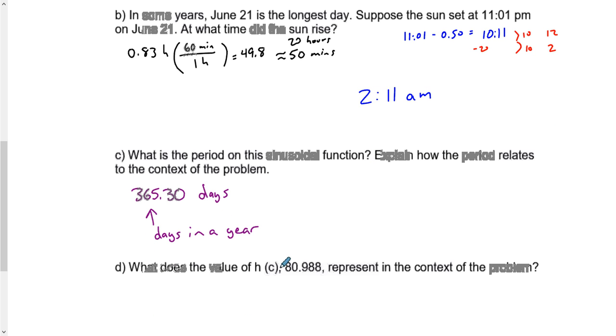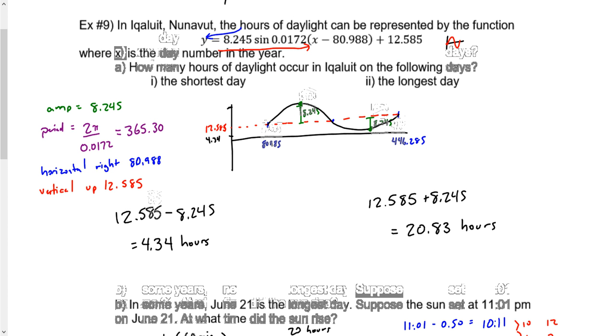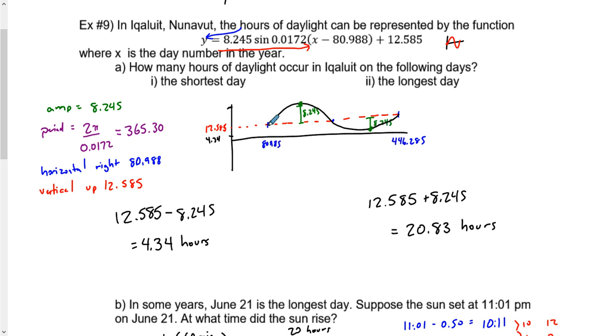What does the value of 80.988 represent in the context of this question? So what does that horizontal movement of 80.988 mean? What does this point mean? Well, it talks about when the daylight hours start increasing.